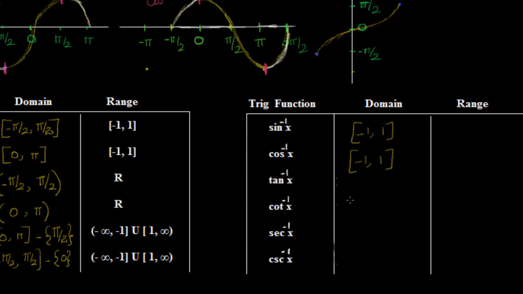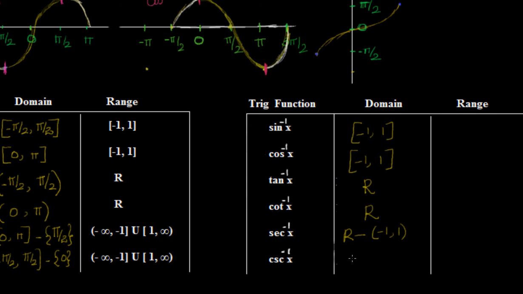For tan inverse x, what will be the domain? I can have all values, and similarly for cot inverse x, it will be R. For secant inverse x, you cannot have minus 1 comma 1, so you can say minus infinity to minus 1 union 1 to infinity, or I can simply say R minus of minus 1 comma 1.